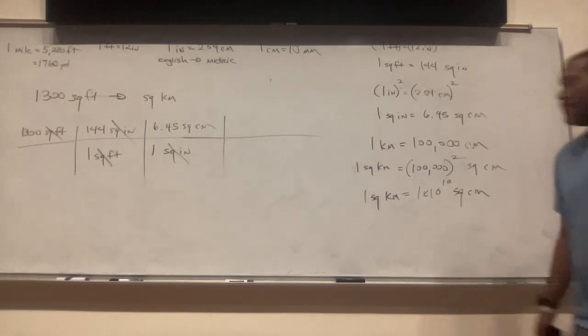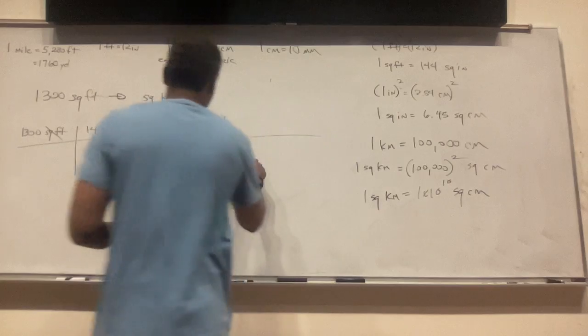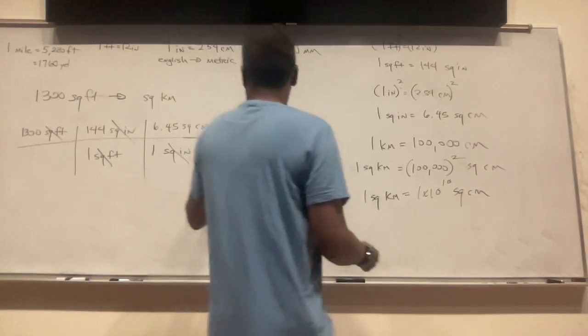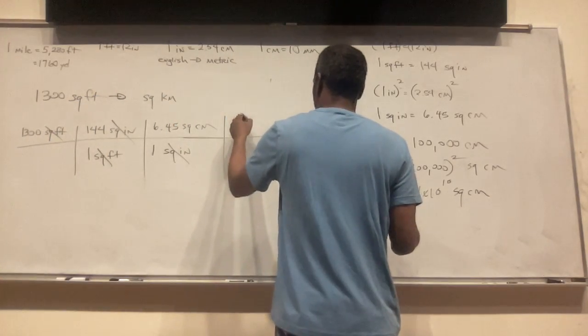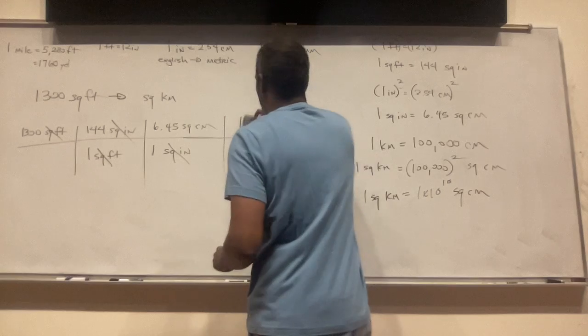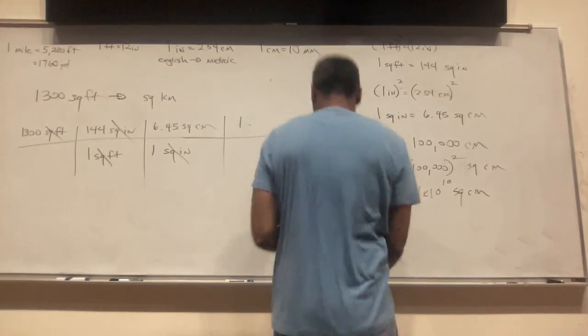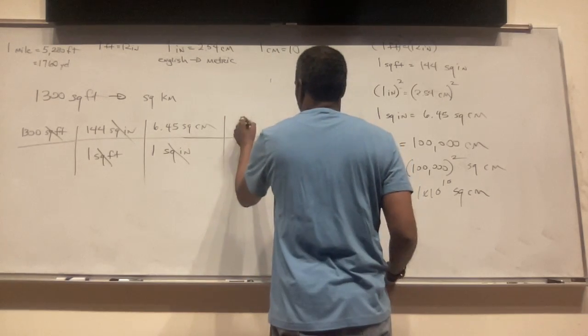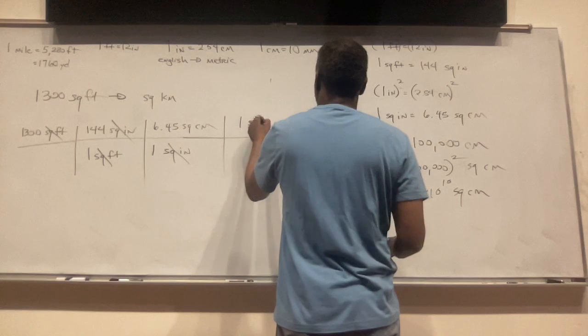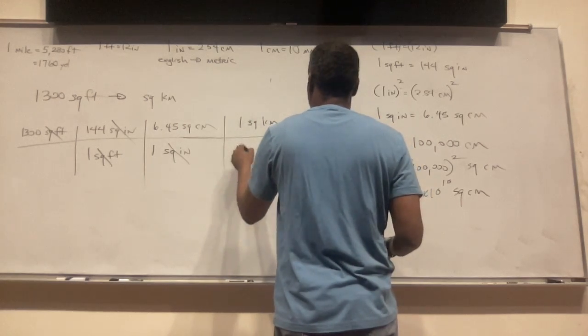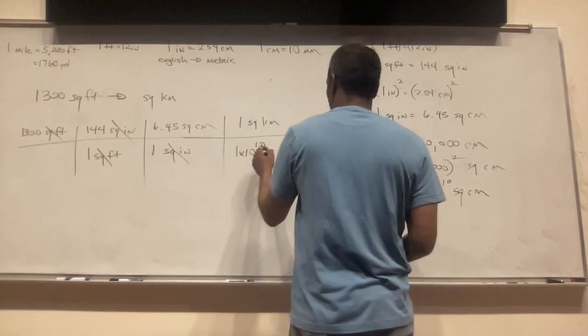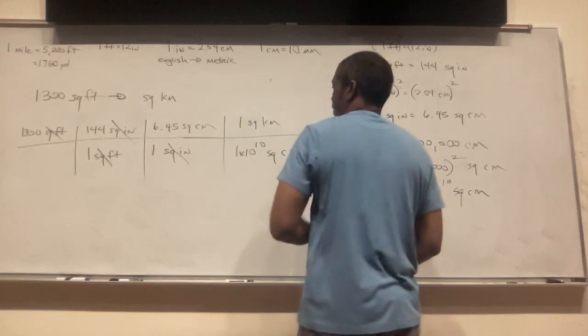So now we put that big number back here. 1 square kilometer is 1 times 10 to the 10 square centimeters.